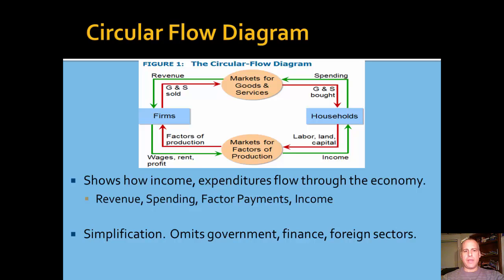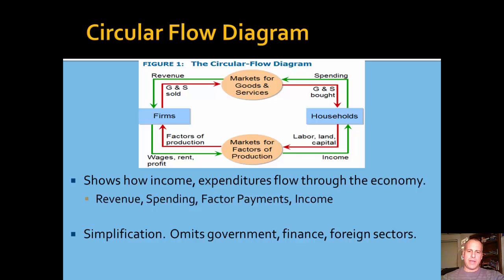The circular flow diagram then shows how expenditures flow through the economy. Households spend money in the market for goods and services, which represents revenues for firms, which firms turn into wages, rents, and profits for their factors of production, the owners and workers of the firm, and that represents income for households.